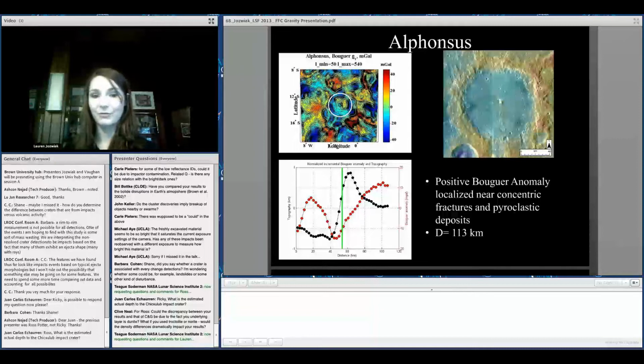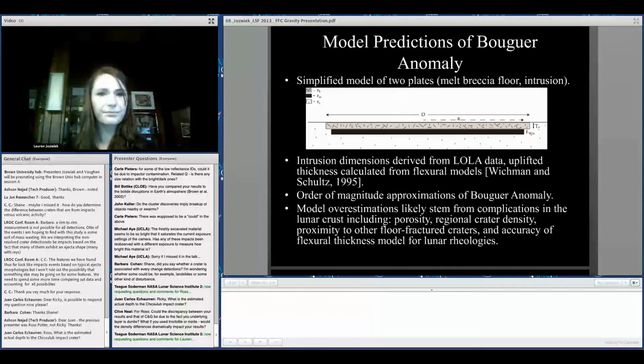This is also a topographically uplifted region relative to the western part of the crater floor. And this can also be seen in the topography versus Bouguer anomaly, where the Bouguer anomaly is in fact offset from the center of the crater and is localized in this northeastern region.